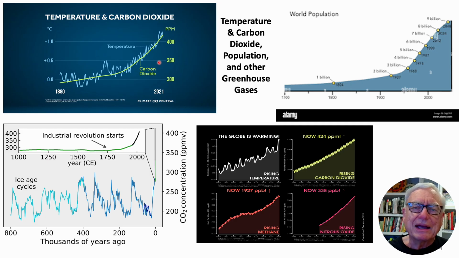But there's one other factor that's involved, and that has to do with population growth. When I was graduating from high school around 1960, there were about 3 billion people on Earth. And last year, we hit 8 billion people. And we're projected to go to 9.7 billion people by 2050. And if you notice, that curve follows the curve you see here with regard to carbon dioxide particles.